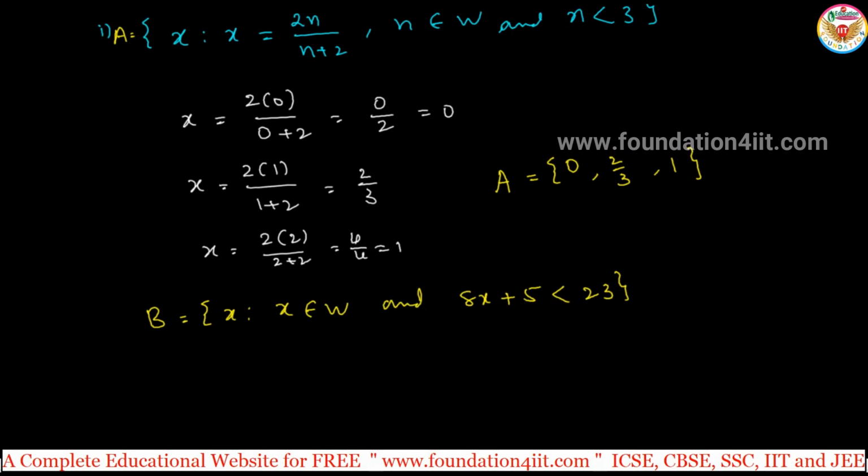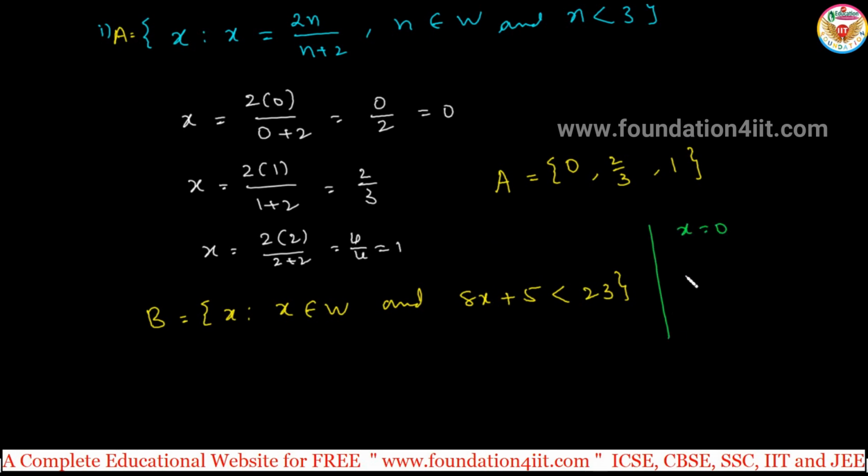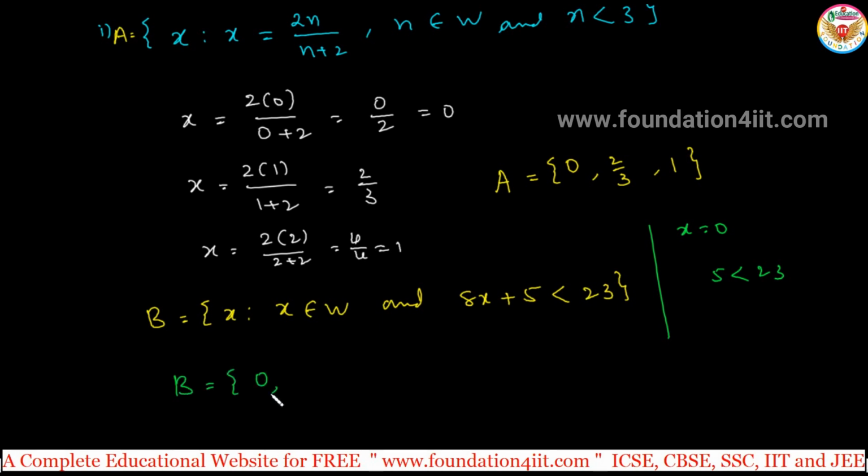So to convert this into tabular form, just see what value we keep in the place of x. Whole numbers means only 0, 1, 2, 3 and so on, right? So let us take x is equal to 0. If x is 0, 8 into 0 plus 5, so 5 is less than 23. So 0 exists, that means in set B, 0 is possible.